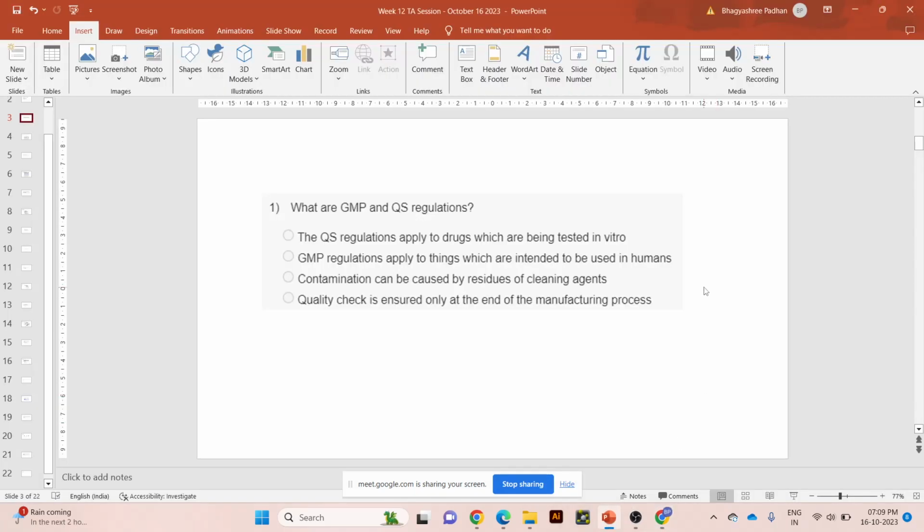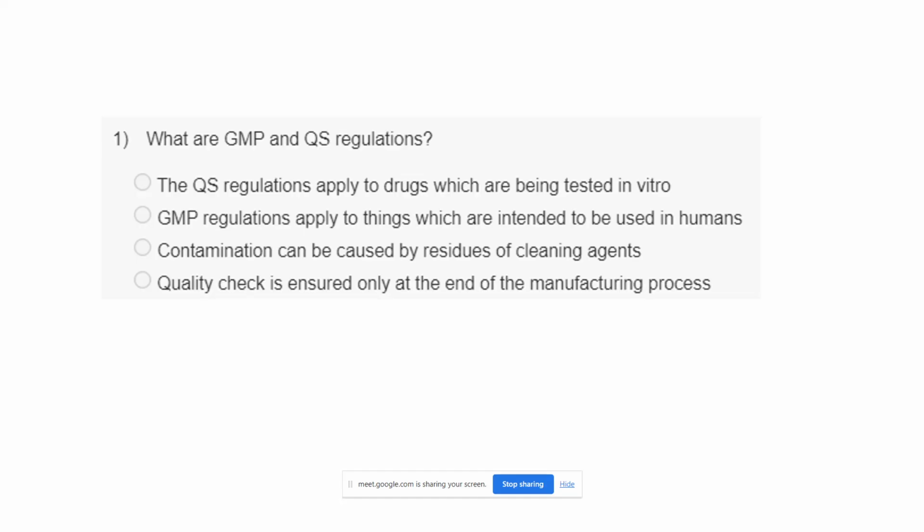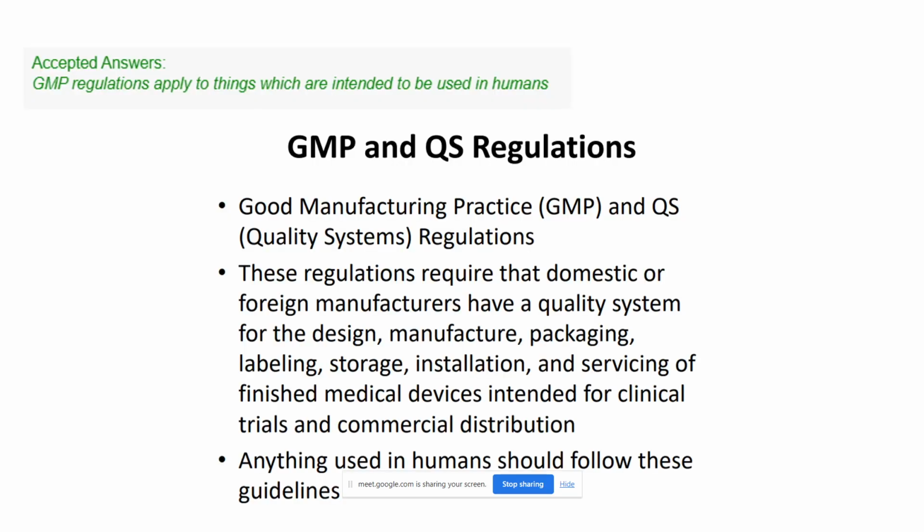Okay. So this was the first question. What are GMP and QS regulations? The correct answer would be: GMP regulations apply to things which are intended to be used in humans. GMP is good manufacturing practices, and QS is quality system regulations.